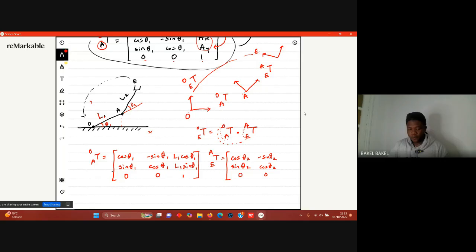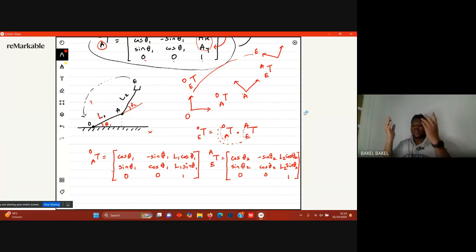The rotation is theta 2. Again, what is supposed to be on this side is EX, EY, 1. In this case, our EX is simply L2 cos theta 2, and then EY is L2 sine theta 2. Common sense again, we've been doing X and Y for a long time. Are we following? Okay.